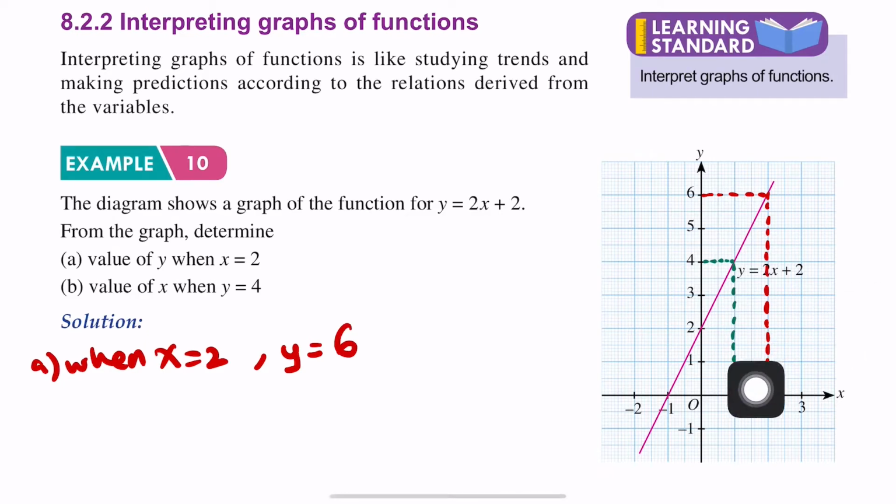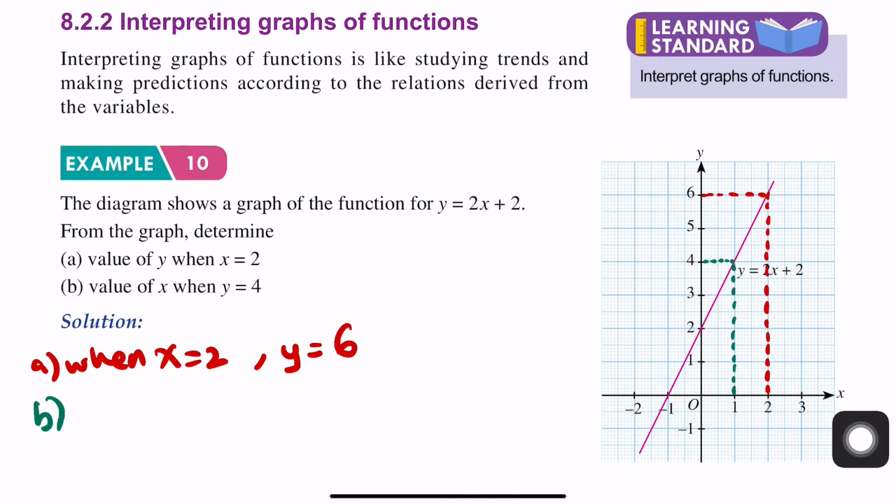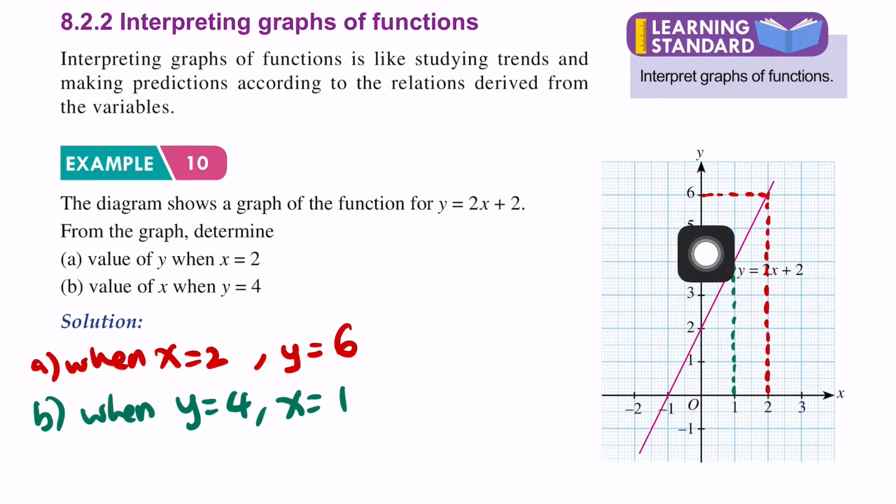So this is your answer. So B, when y equals 4, x equals 1. As simple as that. In the exam, please do these dotted lines, because this is one of your steps in order for you to get the answer. Don't be stingy with ink, just draw. Use pencil.